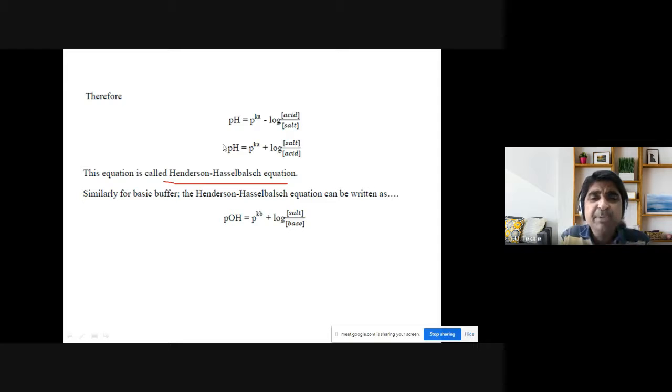So if we know the pH or pOH value, we know the concentration of salt and the concentration of acid, because the buffer is prepared by a particular chemist, a particular researcher. So he knows how much salt is added, how much acid is added.